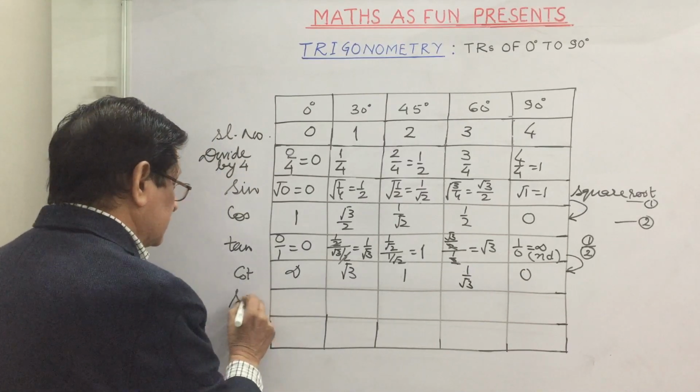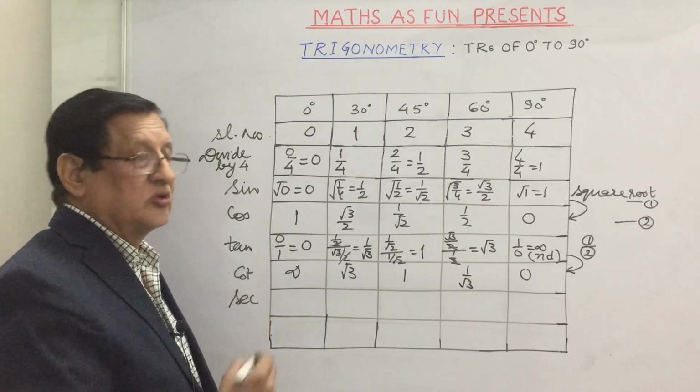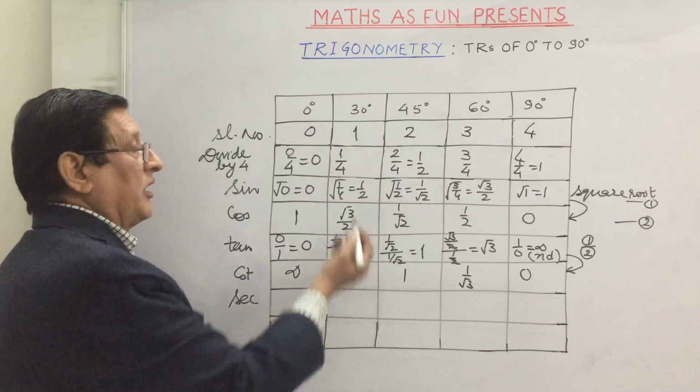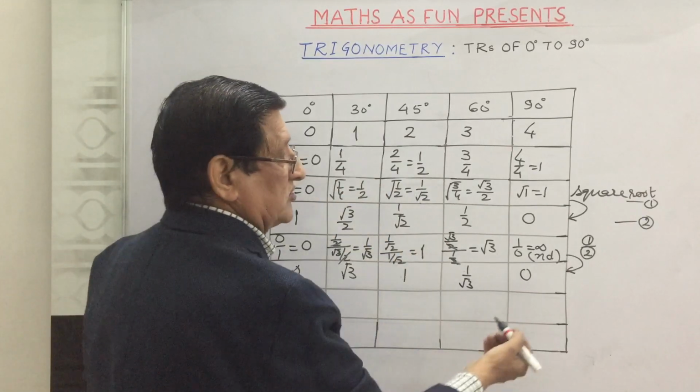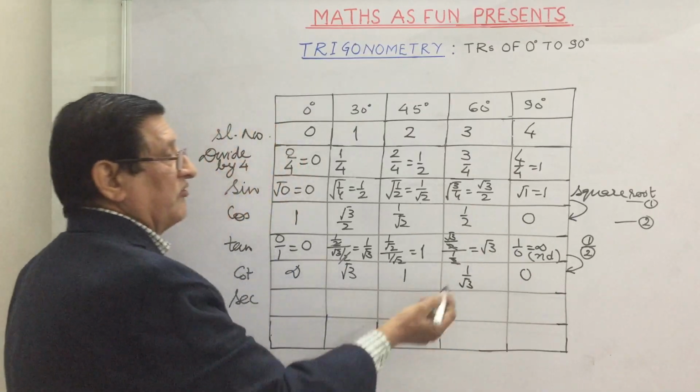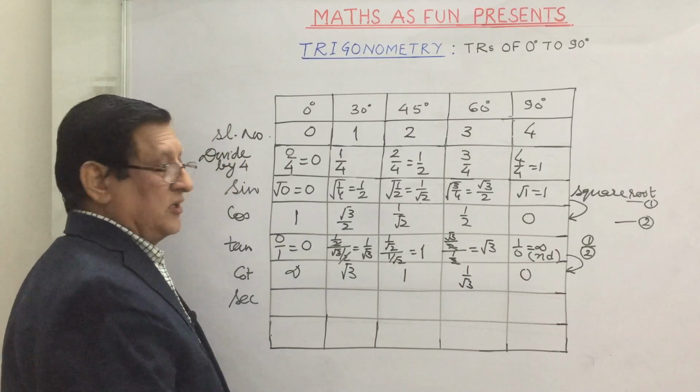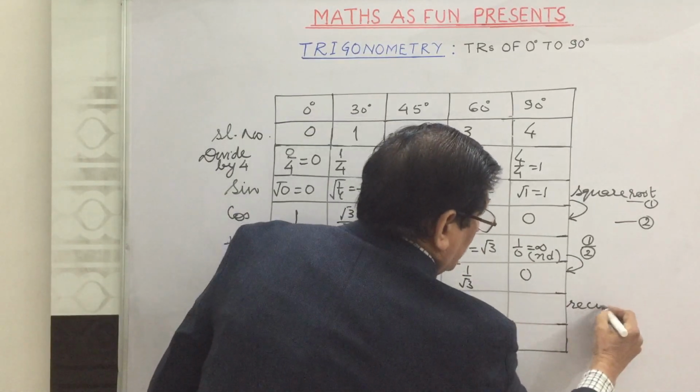Then we go for secant, or sec, of all these angles. We know sec is actually the reciprocal of cos. So what we can do is find the reciprocal of all these values of cos.